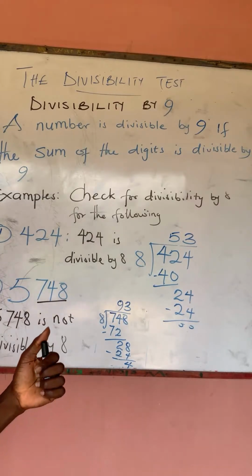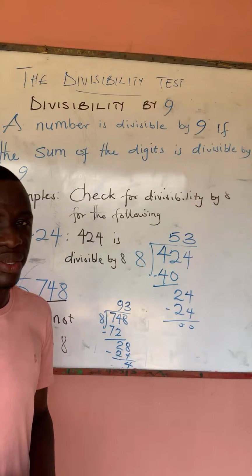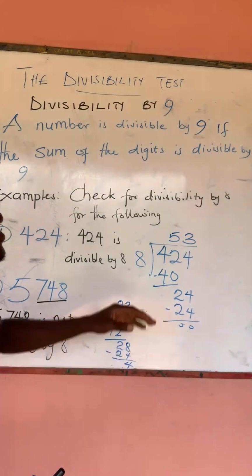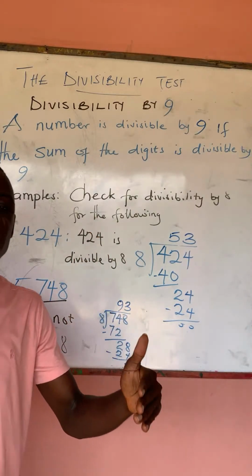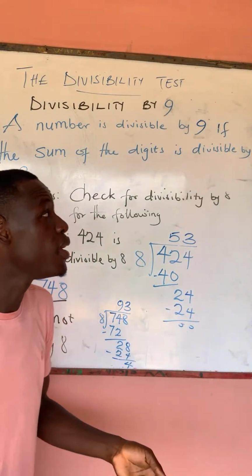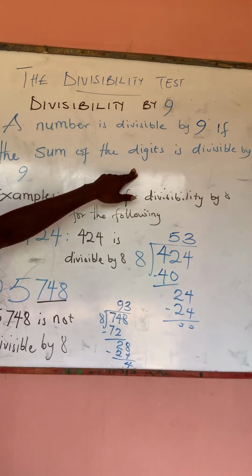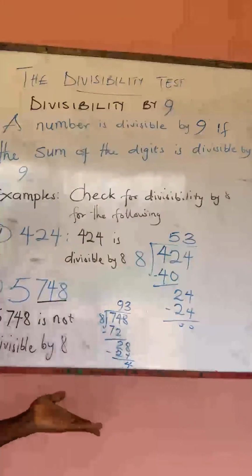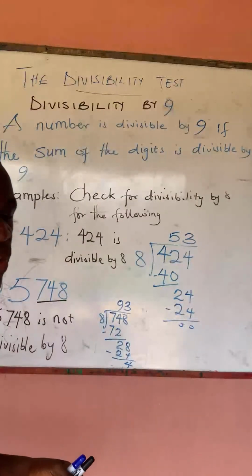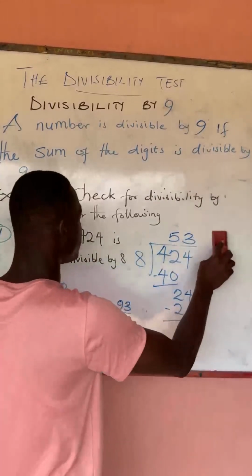So this is very similar to the rule for divisibility by 3. Okay? A number is divisible by 3 if the sum of the digits is divisible by 3, a multiple of 3. And for 9 too, the rule is that the sum of the digits is divisible by 9. Okay? It is almost like a repetition of divisibility by 3. So let's take some examples on divisibility by 9.